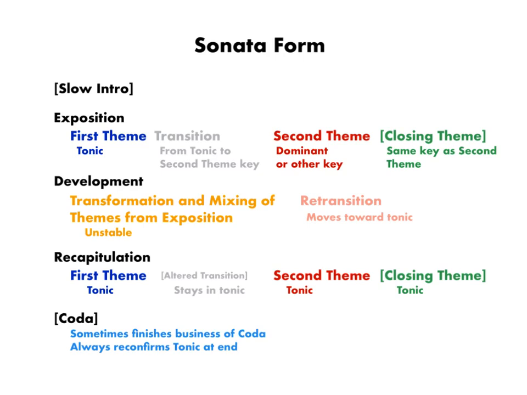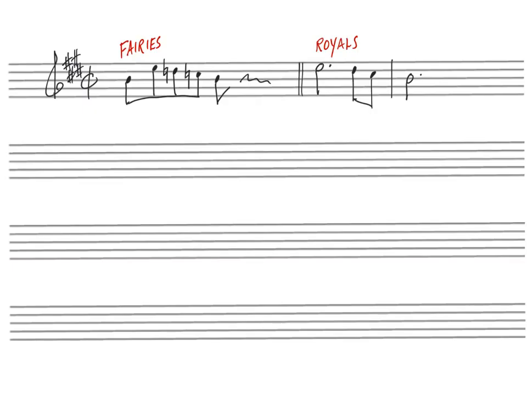We've got the E minor fairy idea, and we've got the E major royal idea, and they're both in the first theme group. The really clever thing, though, that Mendelssohn is doing is that they're also intimately related, right? The fairy idea, da da da da da, and the royal idea, da da da da.